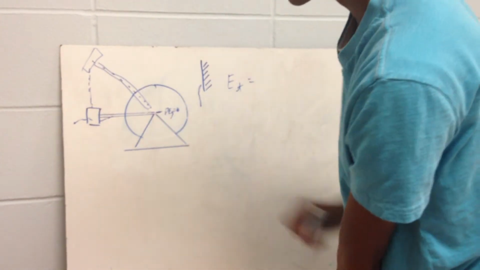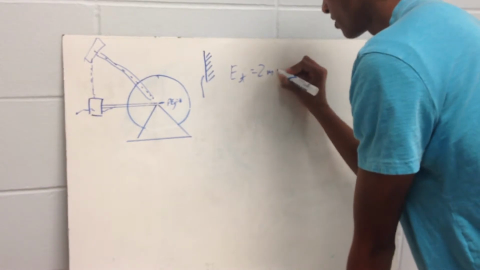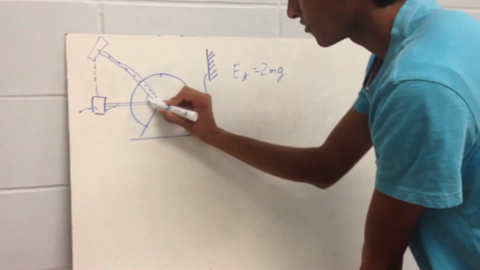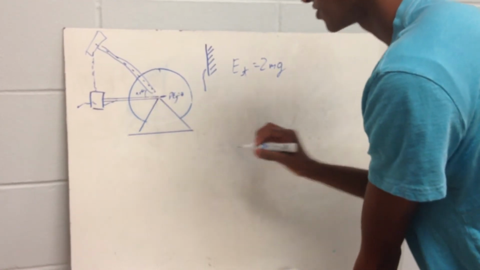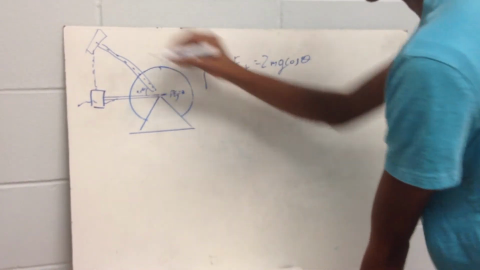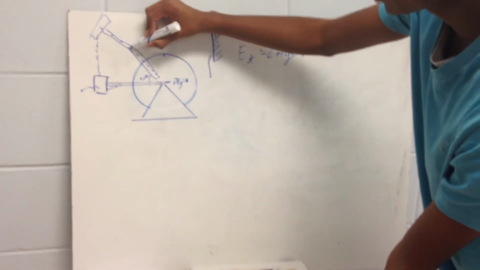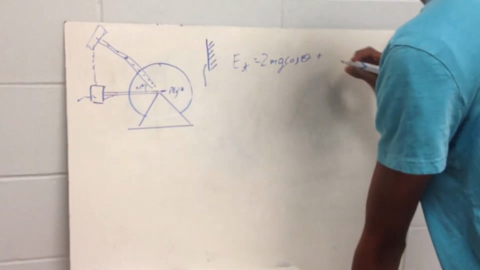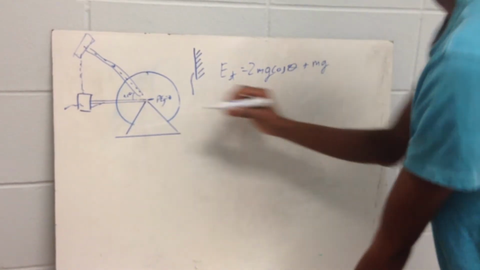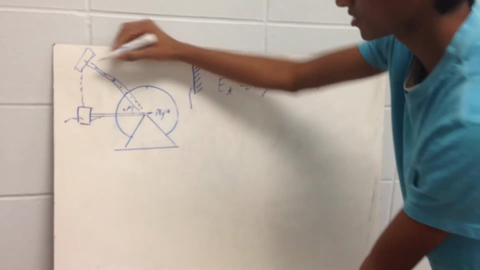So at this point, gravitational potential energy is going to equal the mass of this object, which is 2m, times g, times the height. And the height we already found out earlier. If this is 90 minus theta, this is going to be sine of 90 minus theta, or cosine theta. That's the gravitational potential energy of this block, plus the gravitational potential energy of this rod piece. So it's going to be m, which is the mass of the block, times g, times 2r cosine theta, because this is 2r.